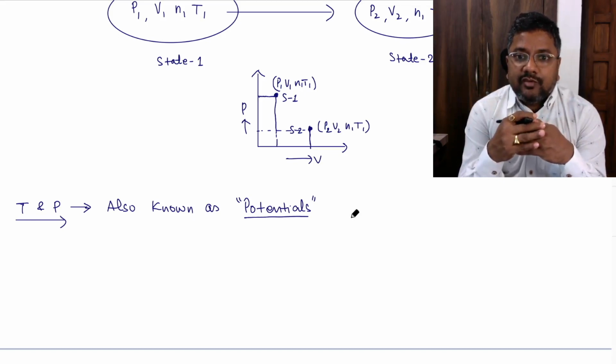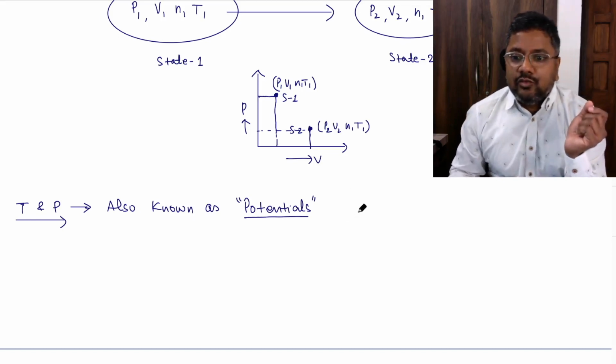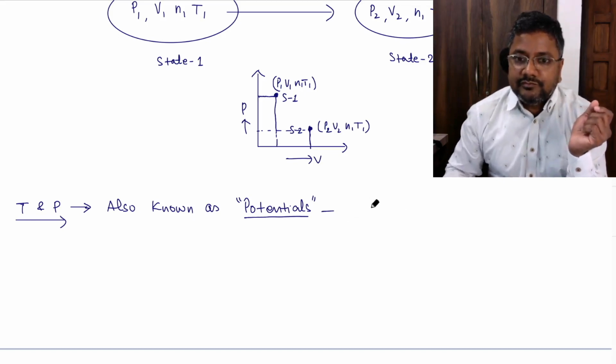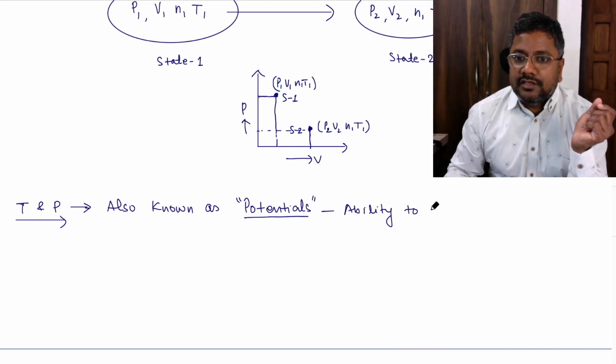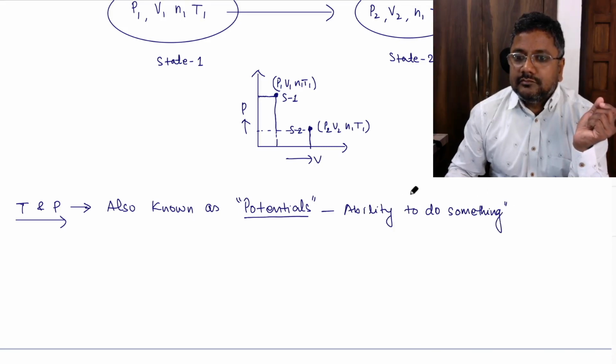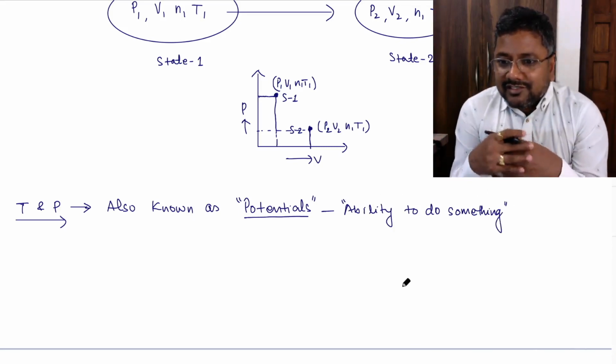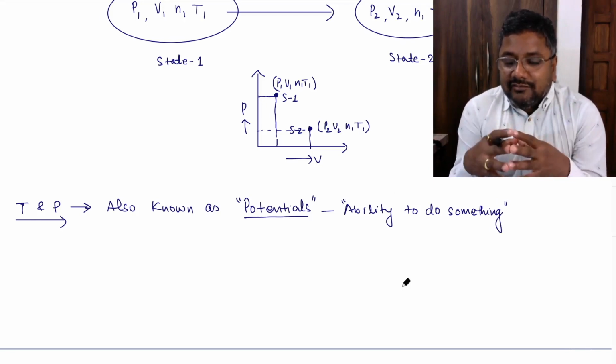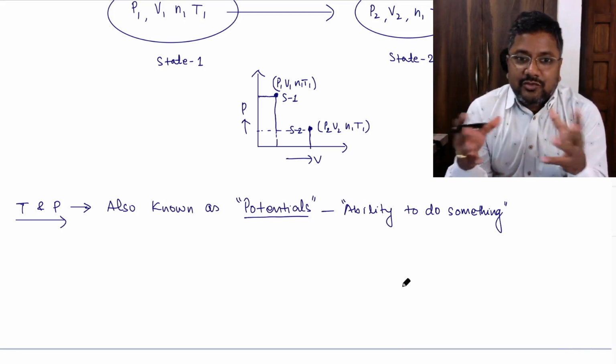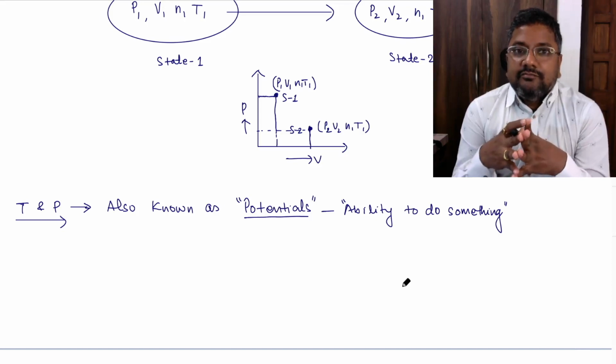What is the meaning of potential? Potential means ability to do something. This is not the scientific meaning, but this is a literal meaning which enables you to understand this term potential.